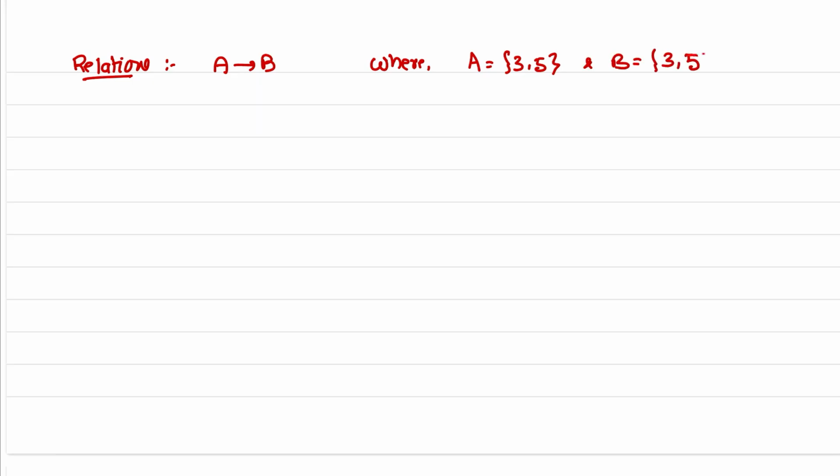What is the list of relations? 16 relations. A to B, where A is equal to the set of 3 and 5, 2 elements, and B is the set of 2 elements, 3, 5.